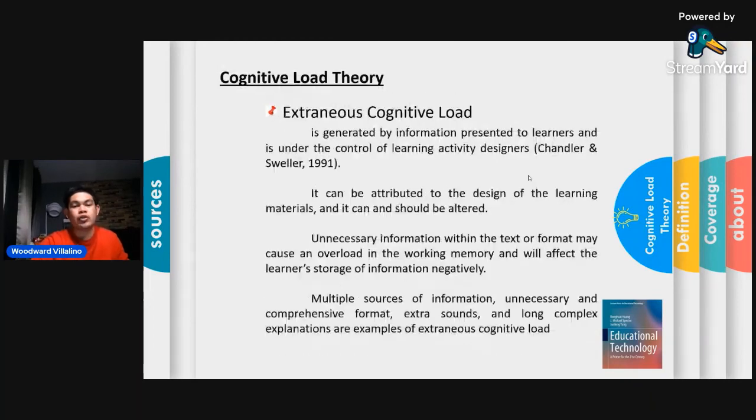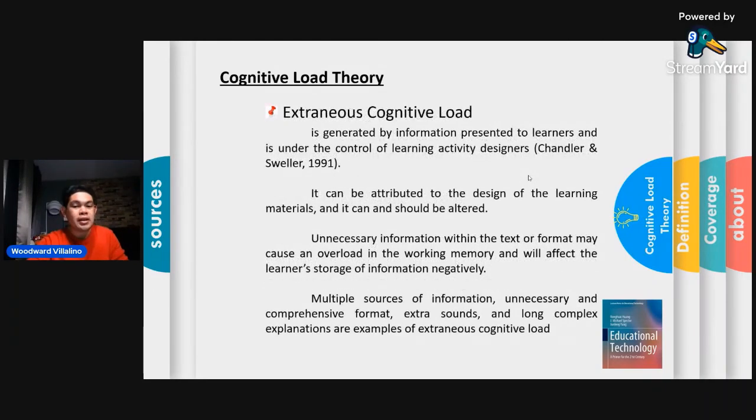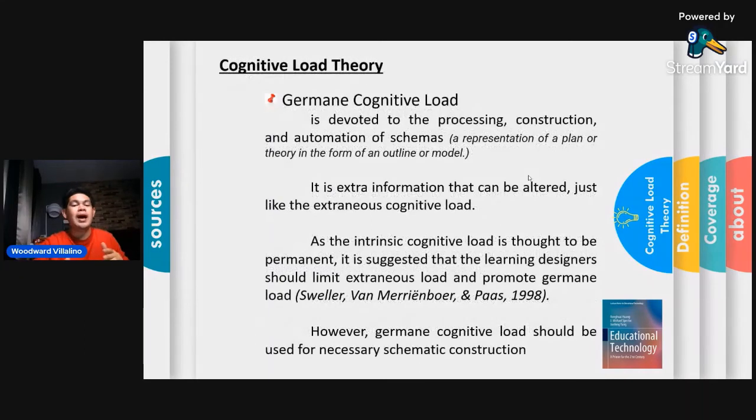Just like the extraneous cognitive load, which will also be altered, and unlike the intrinsic one, which, again, cannot be altered. We have the extraneous that can be and should be altered. And we have here the extra information, which could be altered as well. So as intrinsic cognitive load is thought to be permanent, it is suggested that the learning designers should limit extraneous load and must promote germane load.